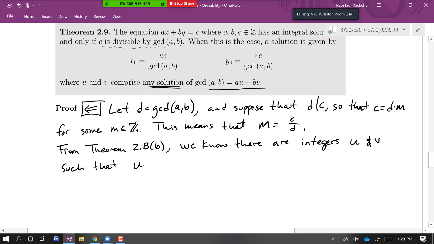So that u times A plus v times B is equal to D, the greatest common divisor.